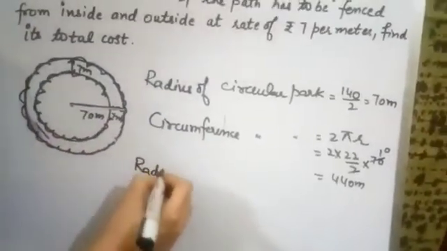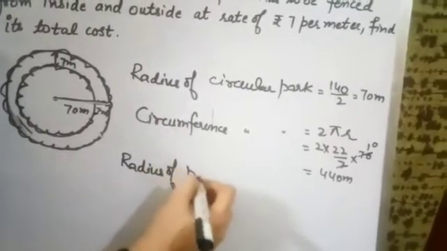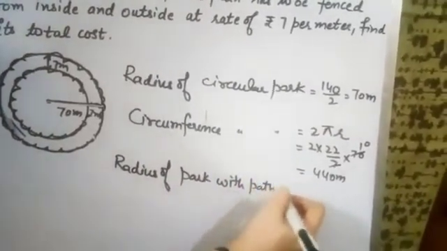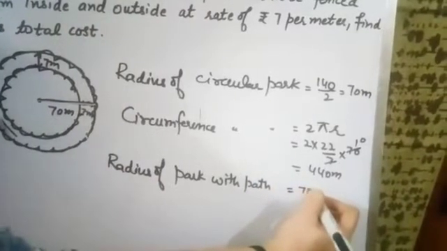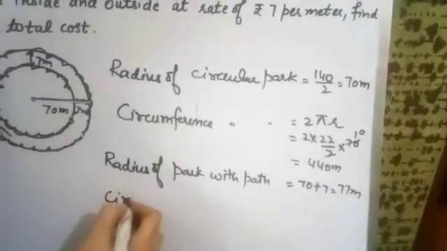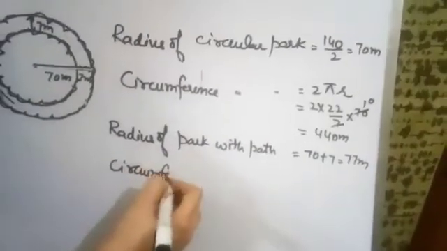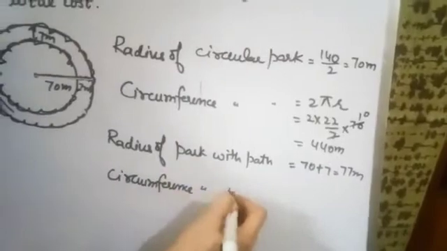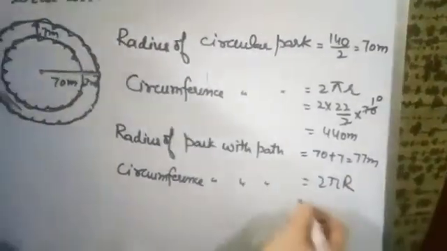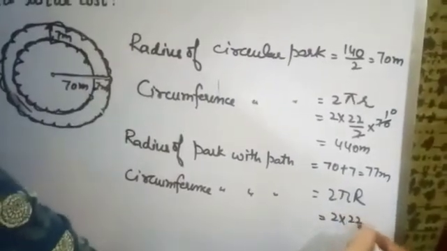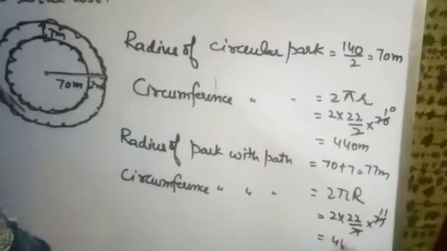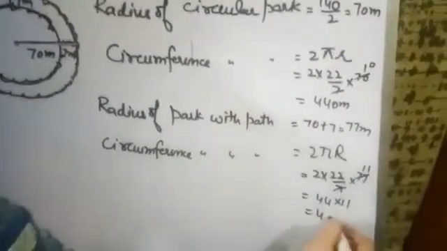Radius of the path with the path, that is 70 plus 7, 77 meter. So we can find out the circumference of the outer circle. 2 pi R, I am going to mention it with capital R. 2 into 22 by 7 into 77, 44 into 11, 484 meter.